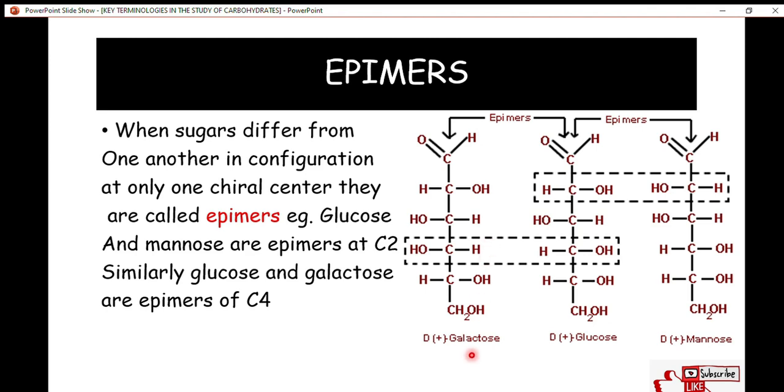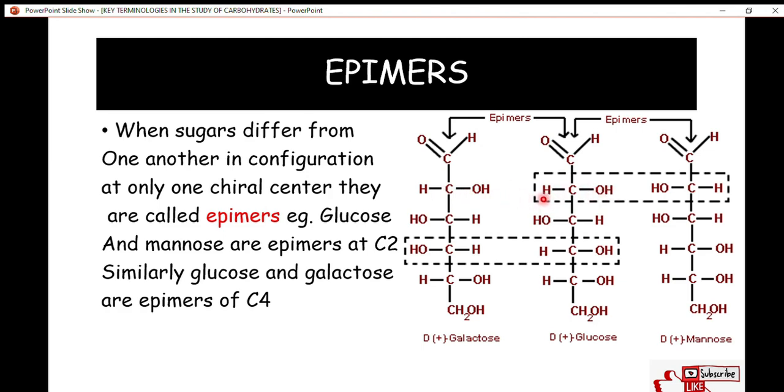So let's check galactose. At carbon 1, we have a double bond to oxygen and a hydrogen. That's the functional group of an aldehyde. When we come to carbon 2, we have hydrogen here, OH here, and the same in the other sugar. So they are the same.